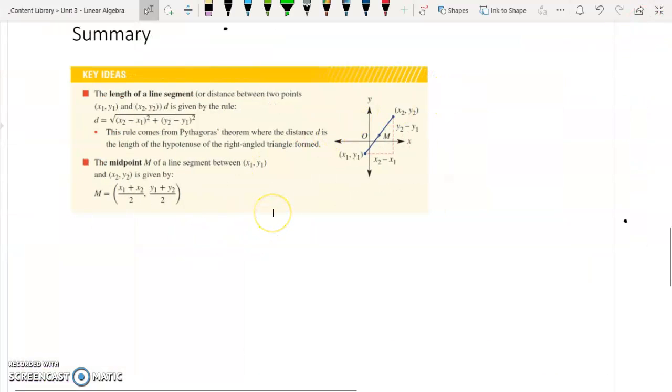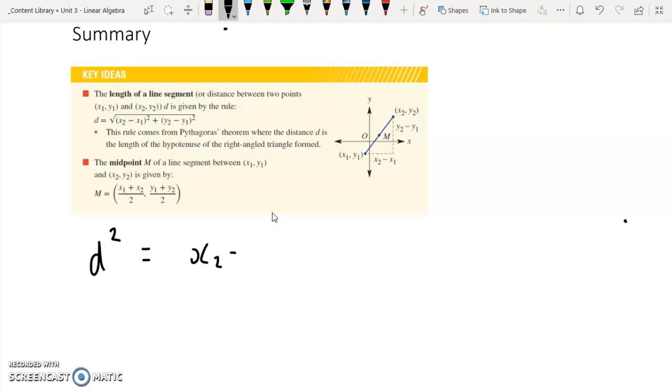So in summary, guys, the length of a line segment can be found by rearranging the distance formula. The distance of the hypotenuse squared is equal to the difference between the x values squared plus the difference between the y values squared.